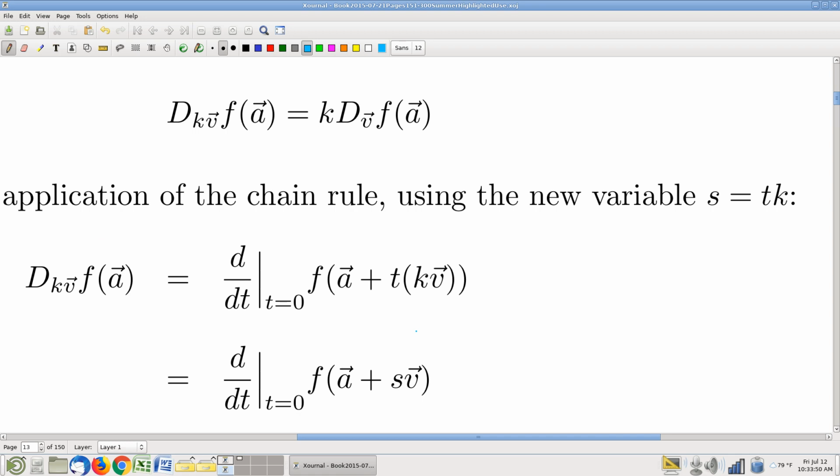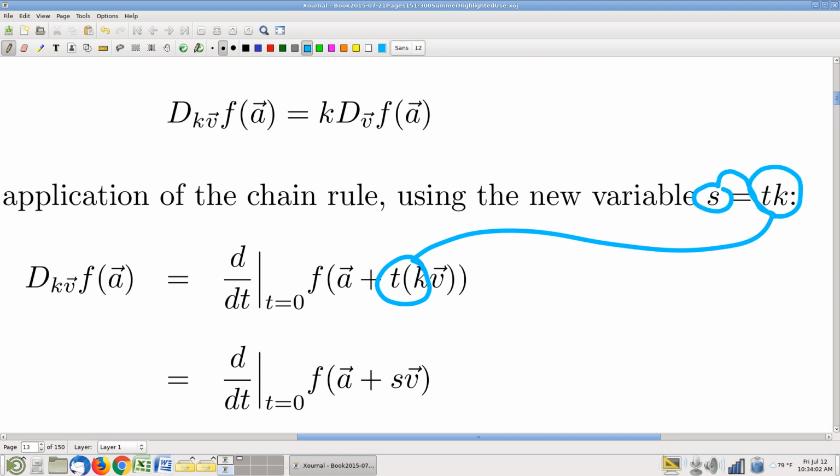I'm going to make a substitution. You'll notice that what's actually being multiplied by v is t times k, which I'm going to rename now as s. I'm just going to rename that s.